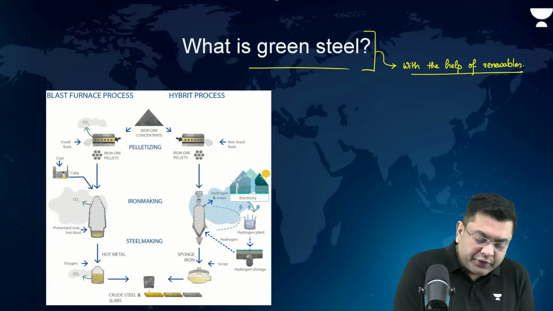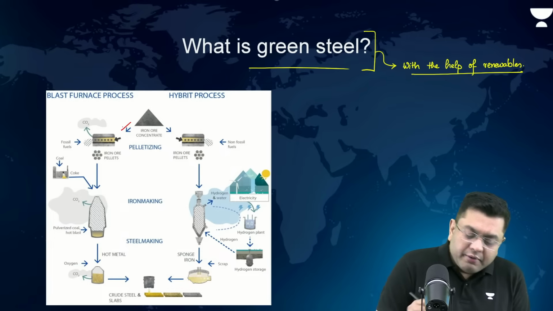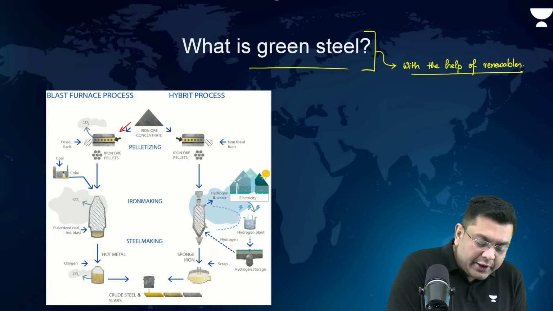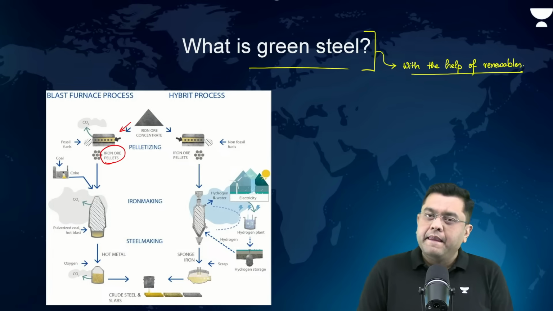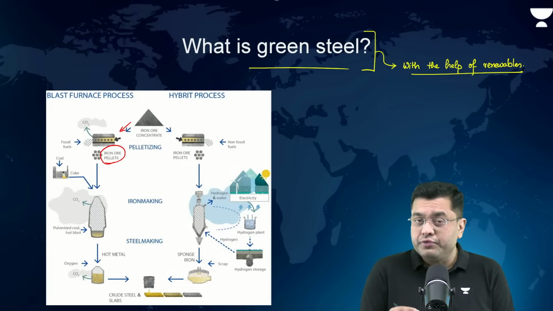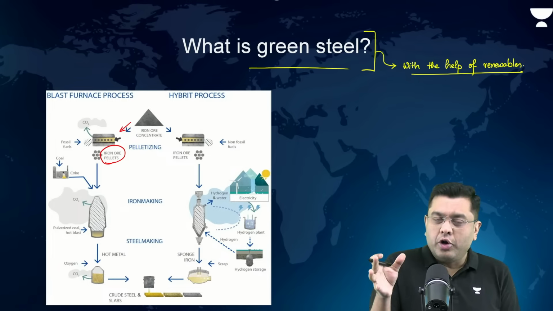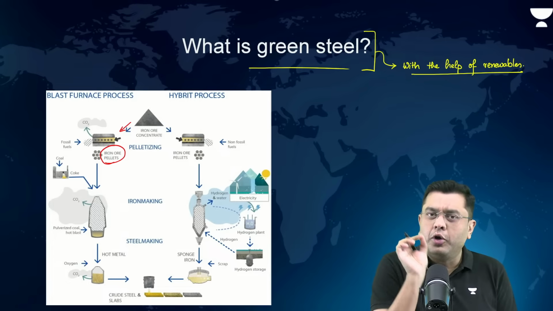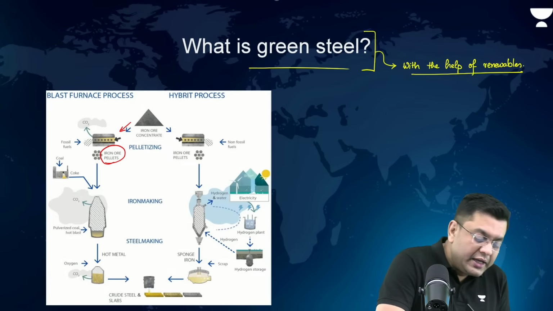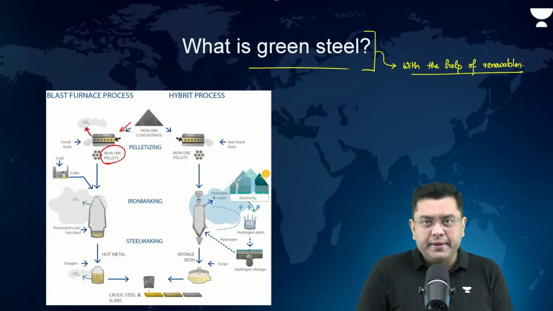Under the normal process, for example, the iron ore concentrate is first of all converted into iron ore pellets. For that, fossil fuels like coal are used. Pellets mean small sized particles. So there, fossil fuel is used, carbon dioxide is emitted.